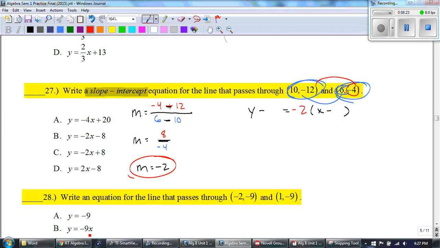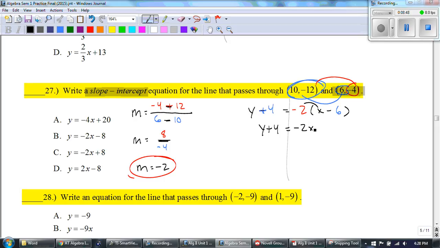So I can plug in the -2, and then you can pick 6, -4, or you can pick 10, -12. I like to pick the smaller numbers. So that turns to a +4 and -6, and then we just solve. Okay, the y plus 4 stays the same.